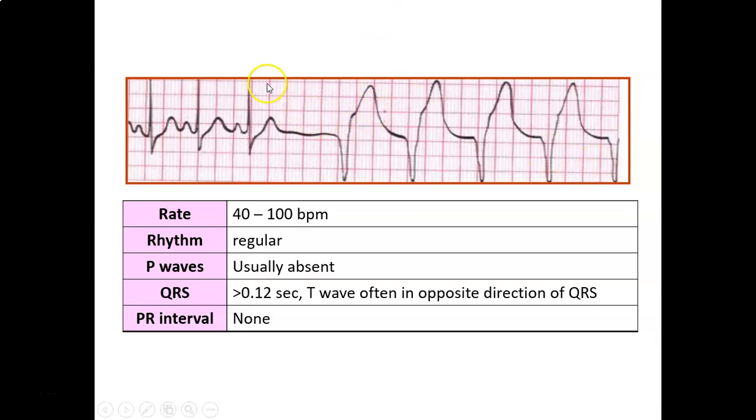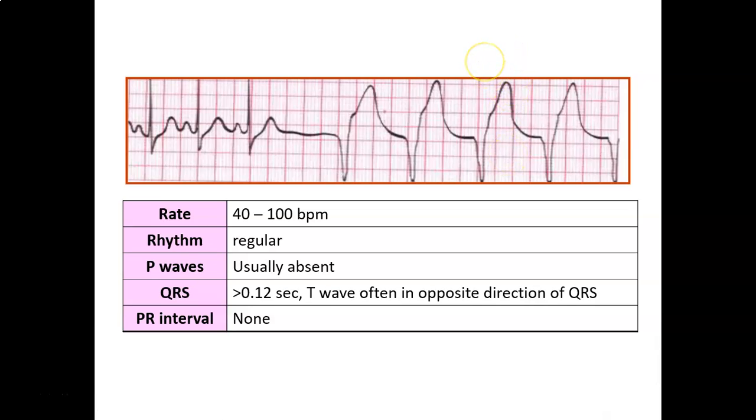Look at this rhythm strip. The first part is the sinus rhythm. Let's focus on the second part. The rate here is more than 40 but less than 100, and it's irregular. We can't see the P waves here, and QRS complexes are wide, with no PR interval.